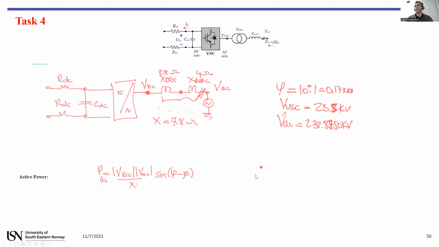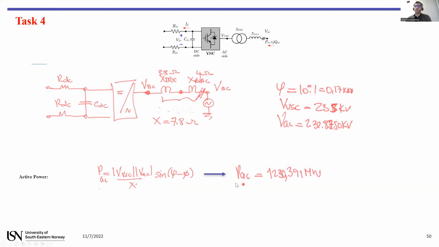When you have all of these parameters, you can use this formula to calculate the active power passing through this way. The amplitude of the voltage source VSC times the amplitude of the voltage of the grid divided by the whole reactance, and the sine of the phase angle difference between the two voltages.